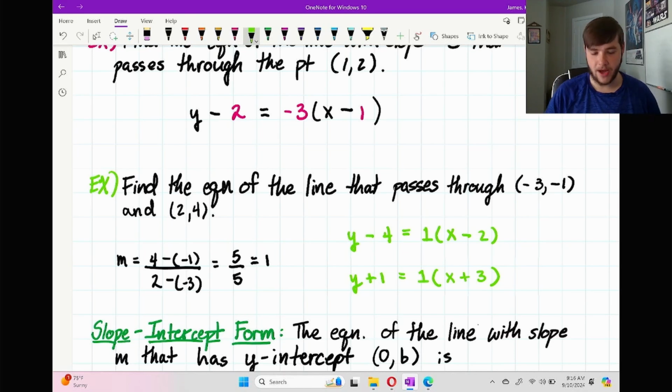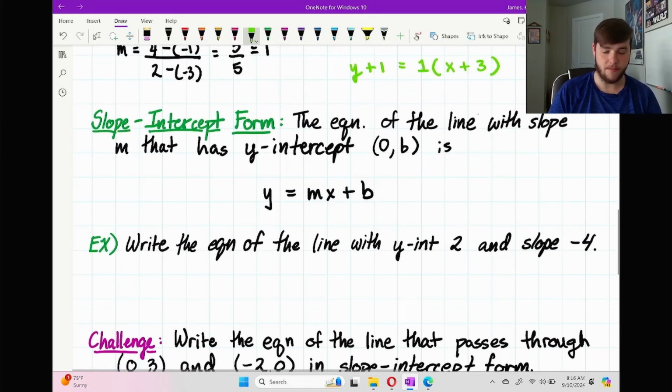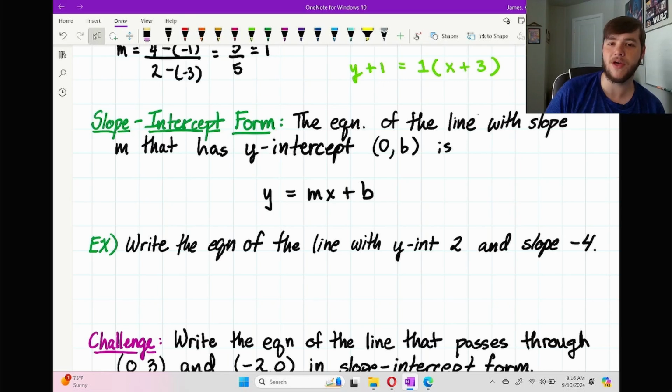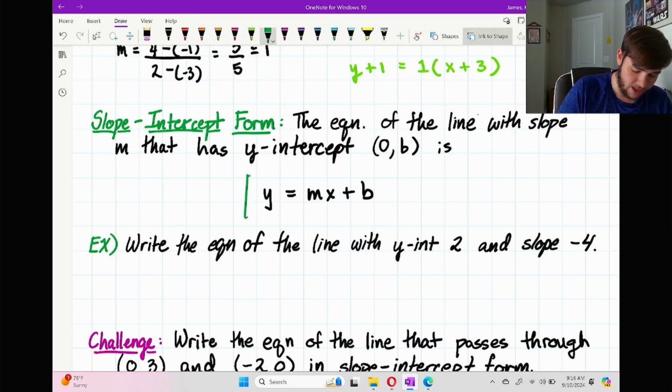Well, we would have to write it in slope-intercept form, which is something you are probably familiar with, in order to verify that. The equation of the line with slope m that has y-intercept (0, b) is y equals mx plus b. This is, you guessed it, another formula that you should have memorized for the exam.